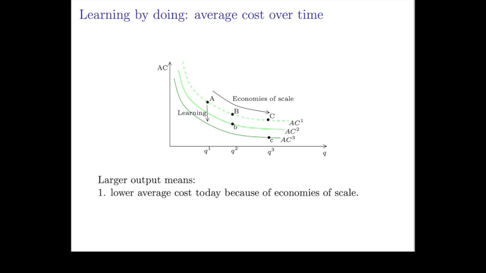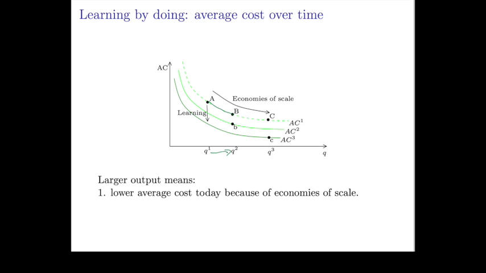Now, you produce more, so because of economies of scale, as you produce more, your average cost is going to decrease. However, if you go from Q1 to Q2, there are two things that are going to happen. One is that you're going to benefit from economies of scale, so your average cost is going to decrease, but you're also producing more cumulatively.